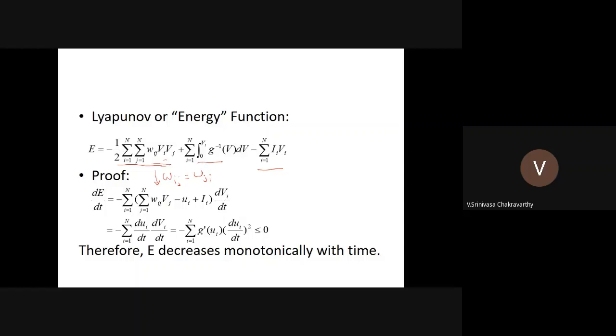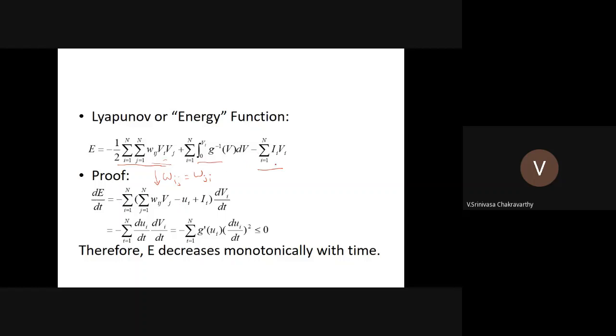Then this integral, if you differentiate that, the integral goes away. You get simply G inverse Vi, and that is nothing but Ui. So you get Ui here, and so you have the minus sign going out. That's why this becomes a minus sign here.